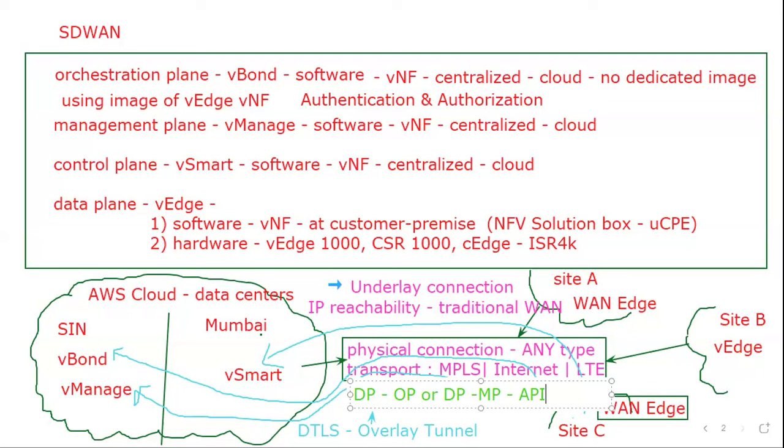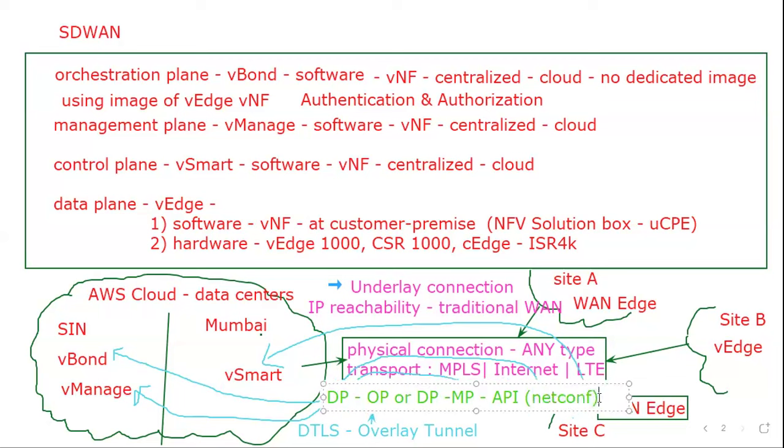And what is that API? By default, which API is there? NetConf, sorry. That is the default API available within the solution. So this API will provide the communication between these components inside the tunnel.